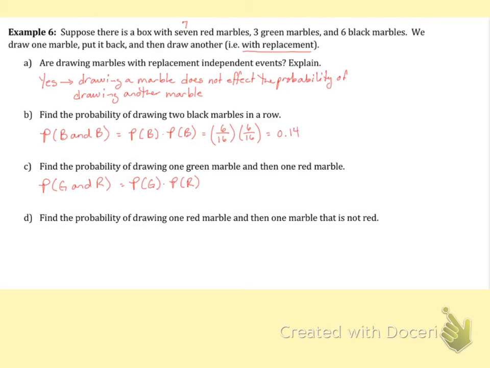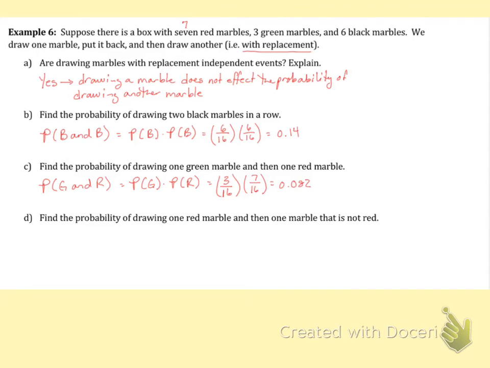Well, we have a total of 16 marbles still. The probability of drawing a green is 3 out of 16. And the probability of drawing a red is 7 out of 16. And again, if we just go straight to putting this in our calculator, we'll get 0.082.